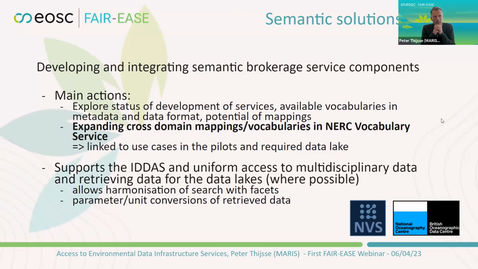And also to support parameter and unit conversions when the data is retrieved, because that is possible when the metadata in the subsetting service is set up with vocabularies that you already know. This is oxygen in micromoles per liter, and somewhere else it's just a little bit different, or here's the temperature in Kelvin and there it's in Celsius. It can do automatic conversions and then provide the users in the pilots exactly the data as they want.